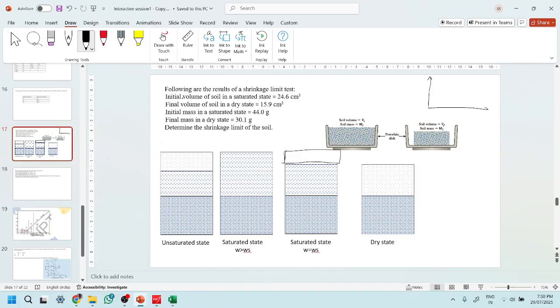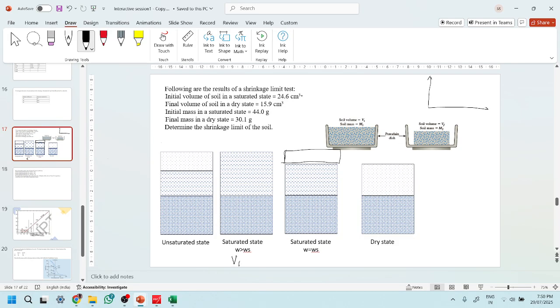So this is the initial volume of soil in a saturated state, which means that this is V1, saturated state. Let us say this is V1. The final volume of soil in a dry state is this.